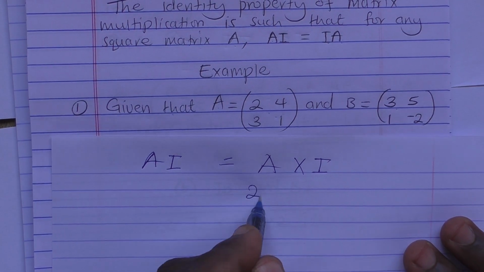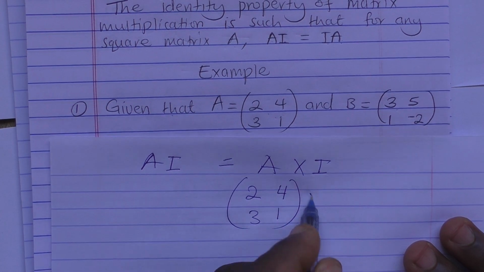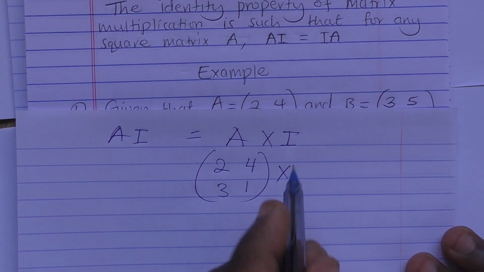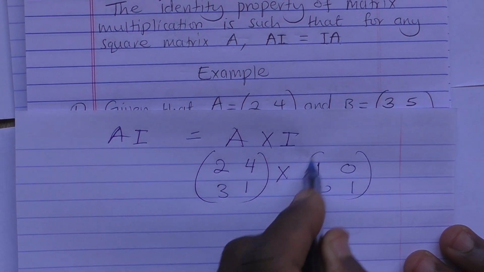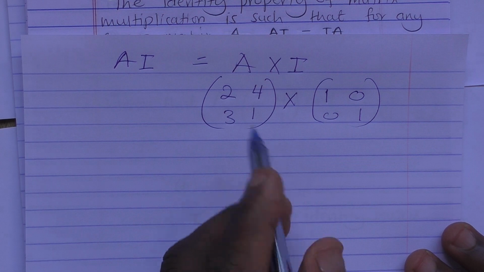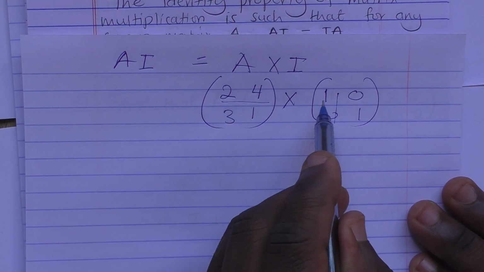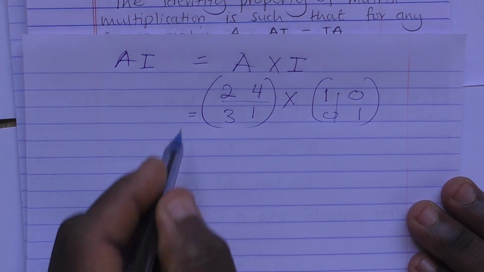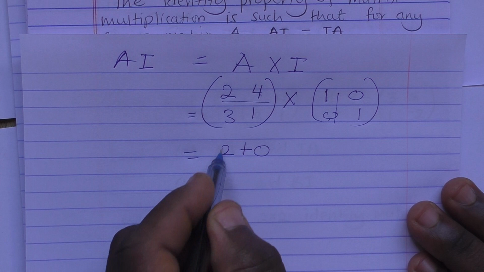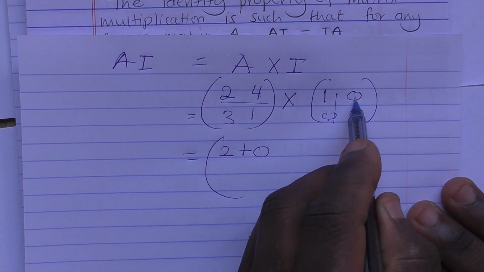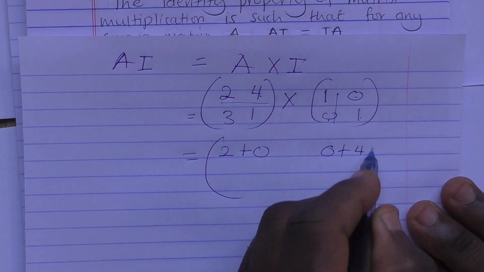So A is 2, 4, 3, 1 times I, which is now 1, 0, 0, 1. We multiply row by column. That is 2 times 1, which is 2, plus 4 times 0, 0. Then 2 times 0, 0, plus 4 times 1 is 4.